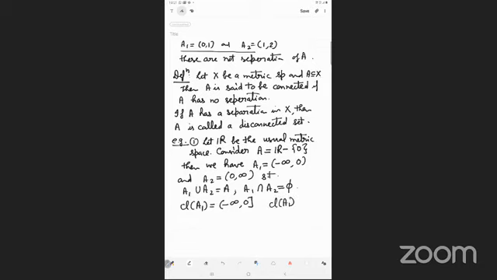Another example, we can check that. Set of rational numbers in R, where again I am taking R as a metric space with a usual metric. So this is disconnected. Any guess?